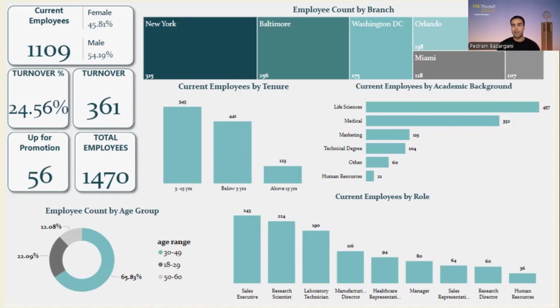Just above it to the right, we could see the current employees by academic background, which are life sciences, medical, and marketing. Right to the left of that, we could see the current employees by tenure, with those between 5 to 15 years dominating. And right above that, we found it interesting to see what the employee count was by branch, with New York, Baltimore, and Washington, D.C. leading. Next slide, please.